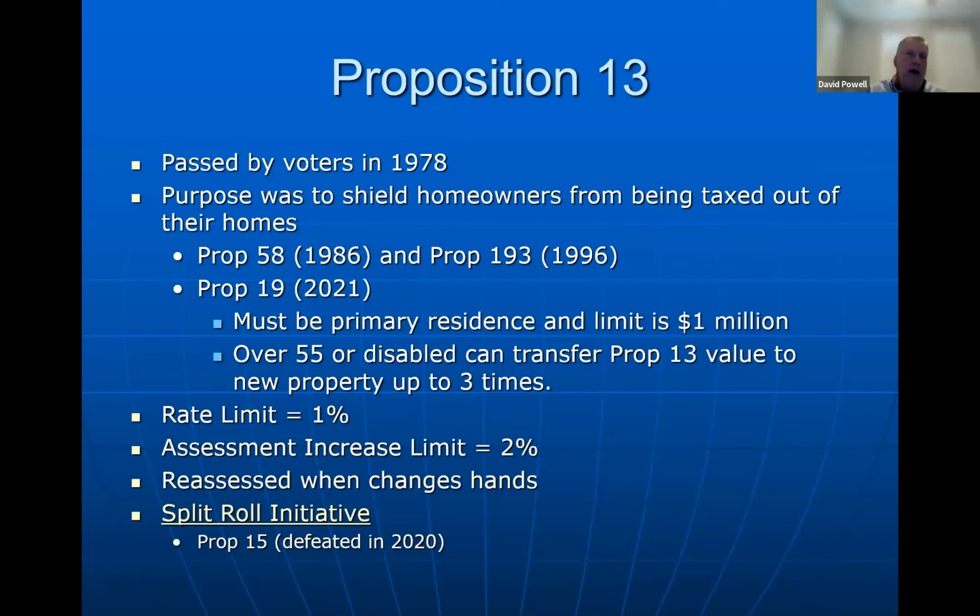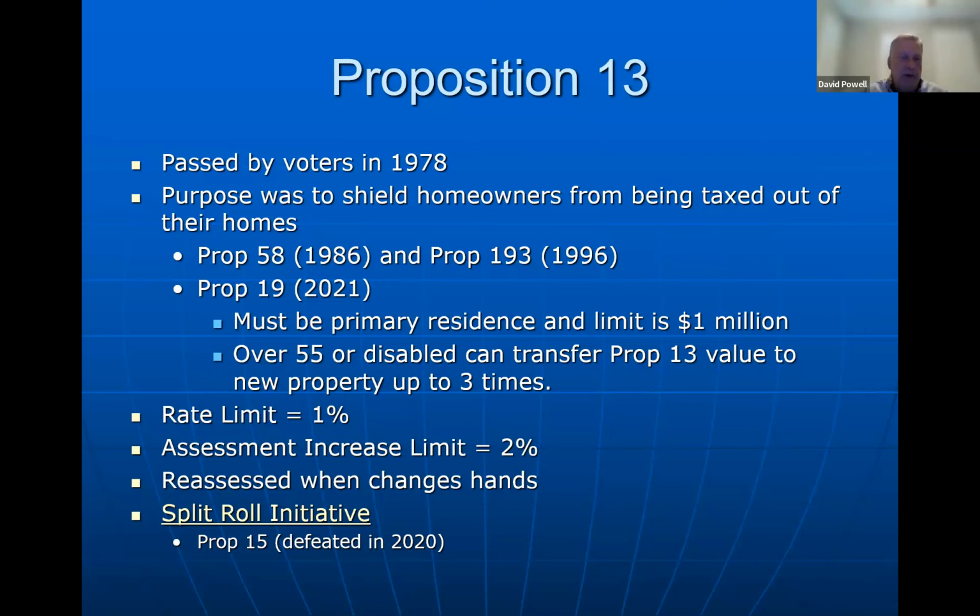And they could do that up to 3 times during their lifetime. So if you had a home that was valued at $700,000 and you're going to go and buy a home that's valued at, we'll say, $900,000, then you can't take that $700,000 and apply it to the $900,000 home, but you can take a fraction thereof.